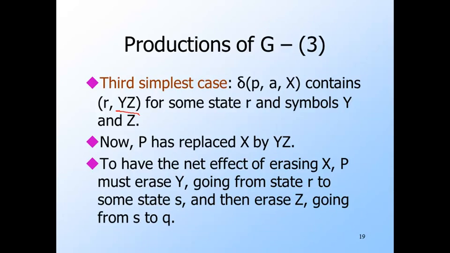As a result, we're going to have one production for each possible state s. But after reaching state s, we must have some additional input v that takes the PDA from state s to state q while popping the Z from the stack. The net effect is that a followed by u and then v pops X from the stack while going from state p to q.